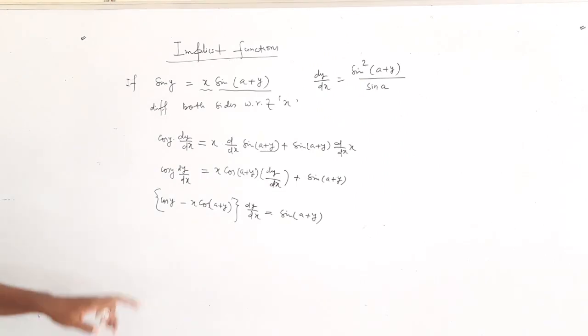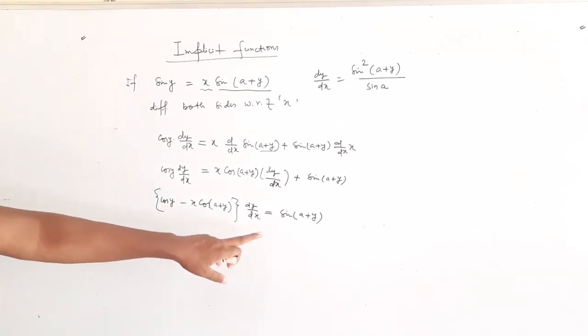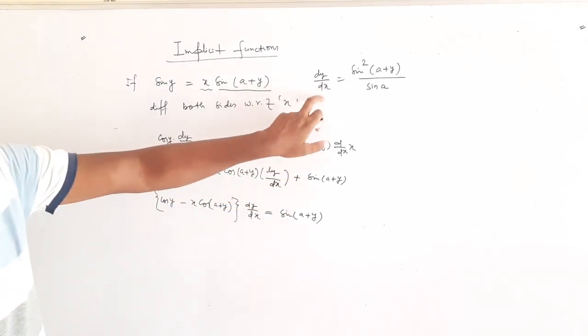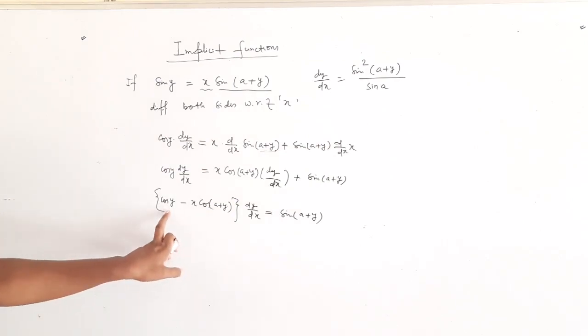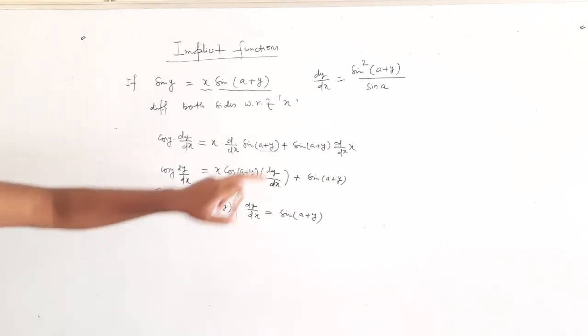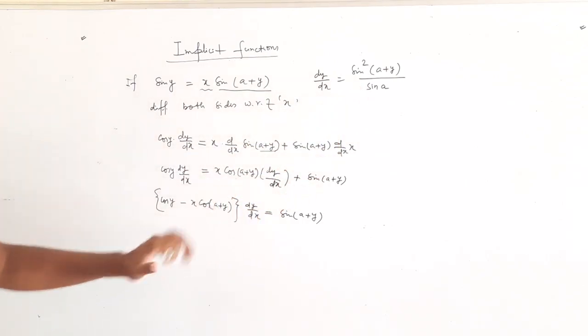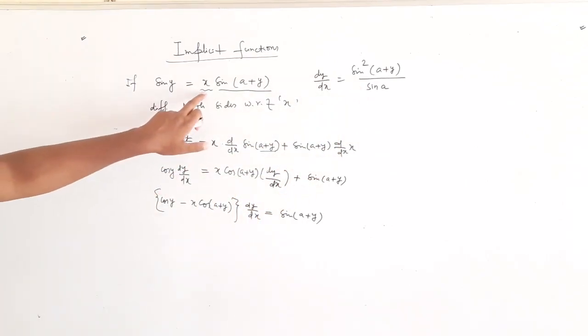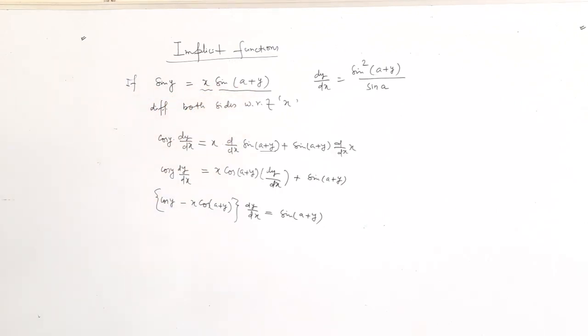Now here see, when we are trying to find the answer of dy/dx, we are getting cos y and this cos here, but we don't have any cos here. It means there needs to be some substitution, and there it is. So you see, what is x? x is sin y over sin(a + y).